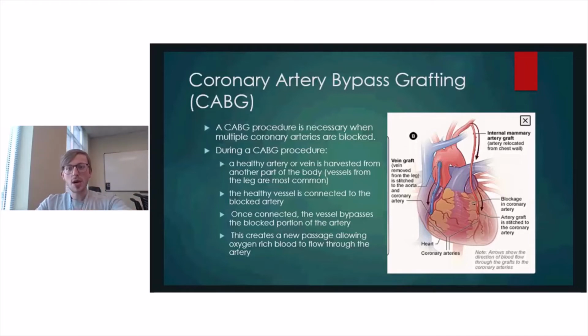You can see that internal mammary artery graft that was taken from the chest wall. They took that vessel and bypassed the blockage in the coronary artery, and that artery graft is stitched to the coronary artery, which allows the blood to bypass that blockage and allows your heart to get the oxygen and blood that it needs.